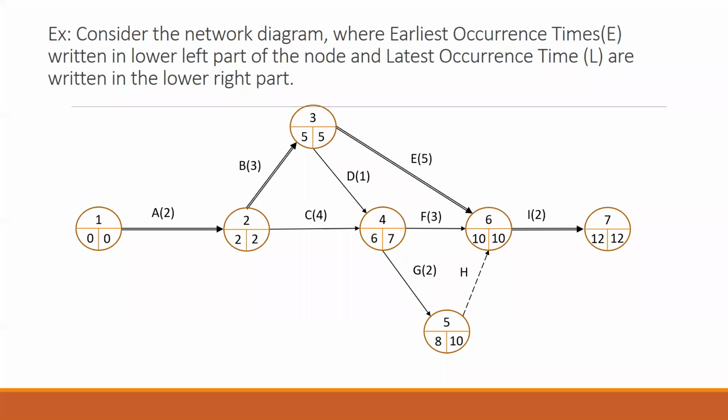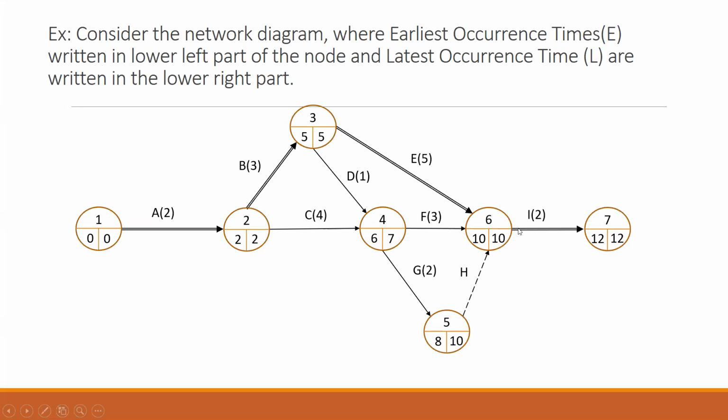This one. Now all the nodes where the values of E and L are the same, for example this one, 12-12, is critical. Then the node number 6 here, where we have 10-10, again is critical. So it becomes critical here.